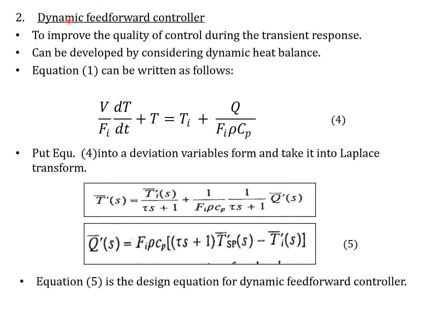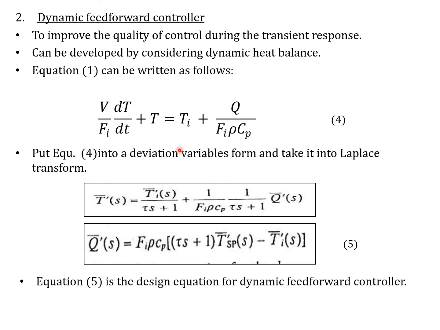And if you want, we have the other type called the dynamic feed forward controller. That means that the equation that we are going to use is going to be a dynamic equation, right? So this basically improves the quality of control during the transient response. It is developed from the dynamic heat balance as before, but we don't make it steady state. So it can be written as before in this form.